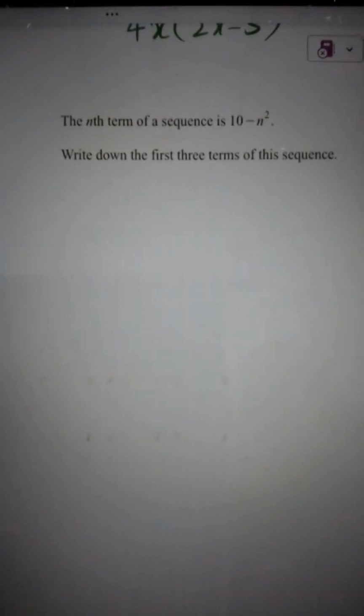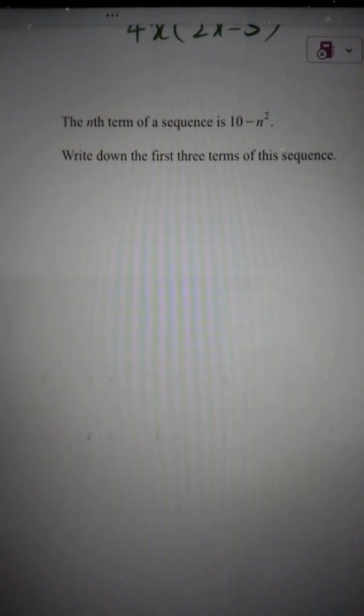The nth term of the sequence is 10 minus n squared. This is the nth term, the general term. We have to write down the first 3 terms of this sequence.